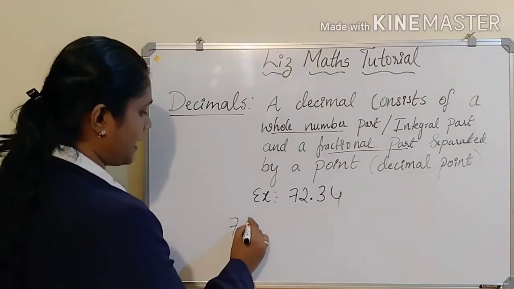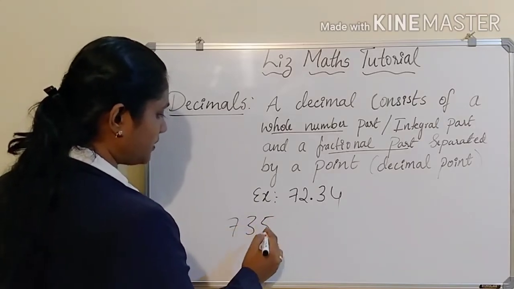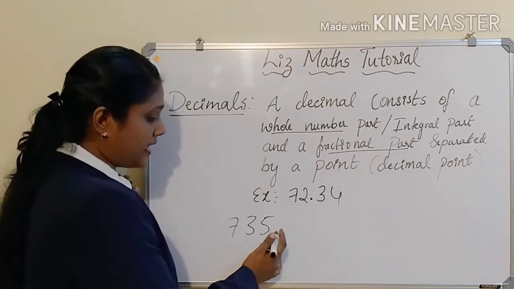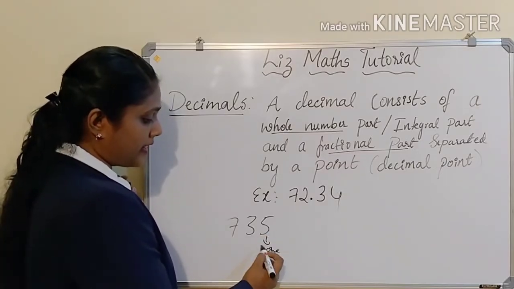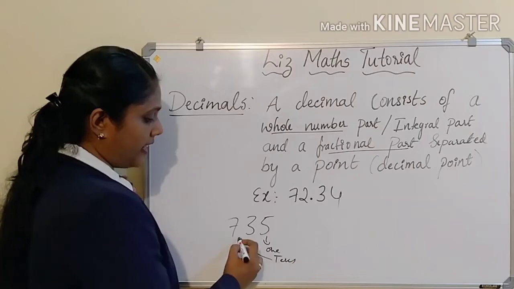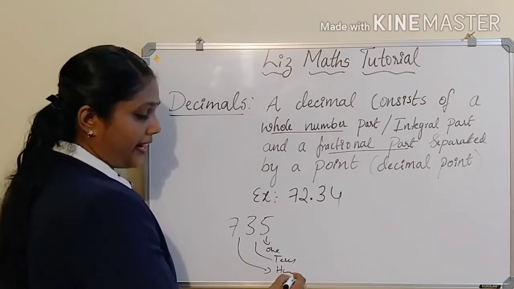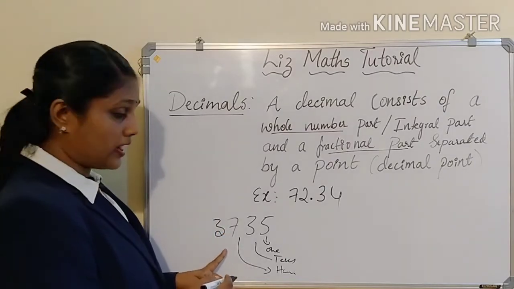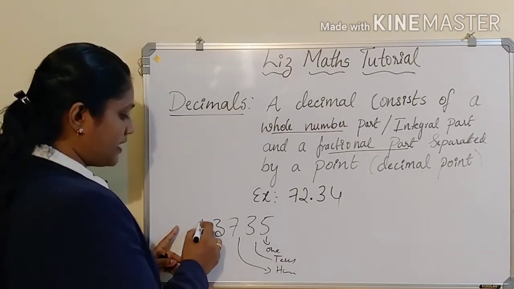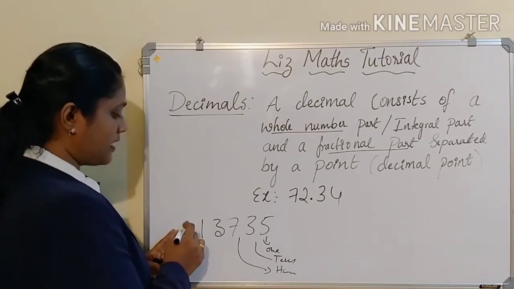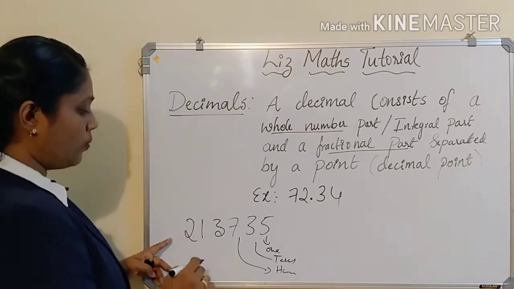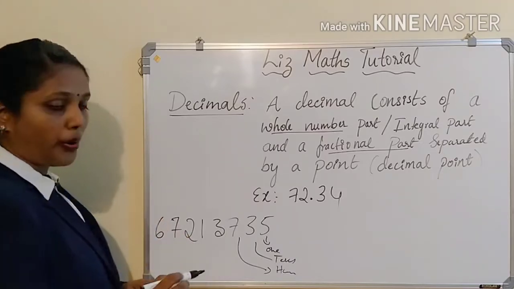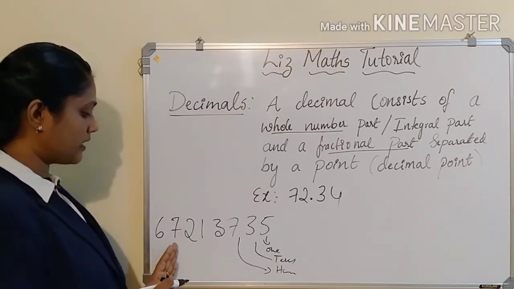If it's a number, we take the last digit first, that is ones, then tens, then hundreds, and next comes thousand, then 10,000, then lakh, 10 lakh, then crore.